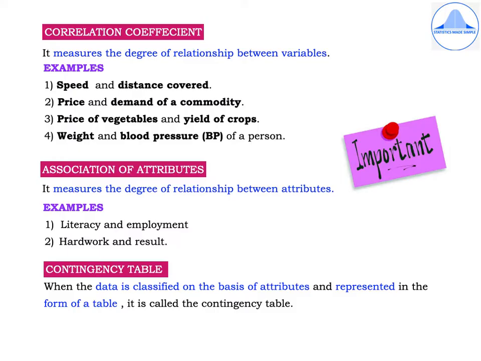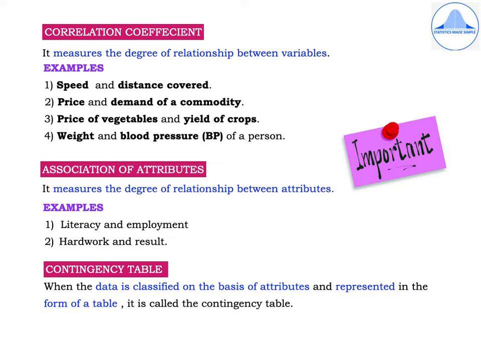So here, the correlation coefficient studies the relationship between the variables, whereas association of attributes measures the degree of relationship between attributes. For example, literacy and employment, hard work and result. These two definitions are important and can be asked as a two marker.